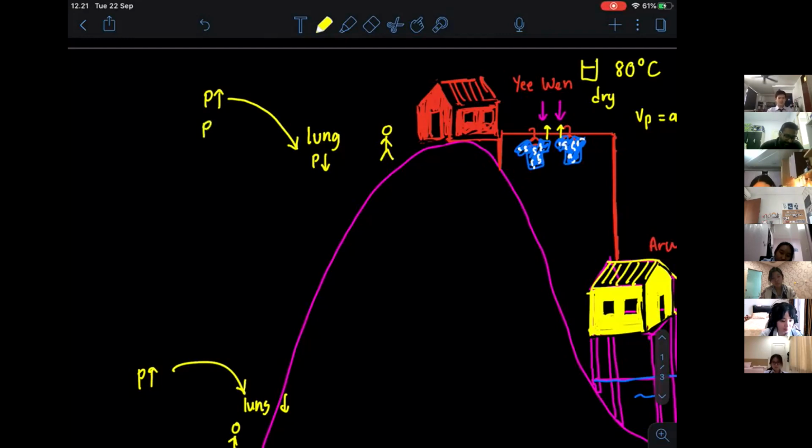So it will be only slightly higher, or similar to the pressure of your lung. The higher you go, the atmospheric pressure will be almost the same as your lung pressure. So the air from outside will have difficulty entering your lung. Even though there is enough air, it's difficult to enter because of the difference in pressure.